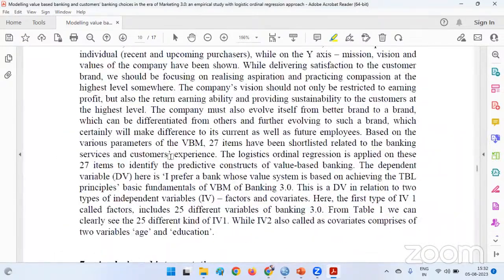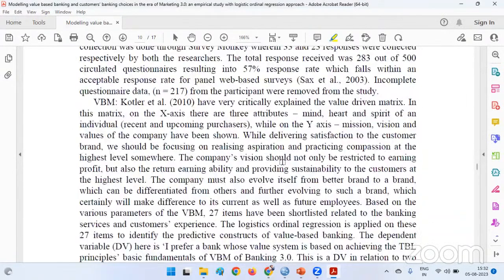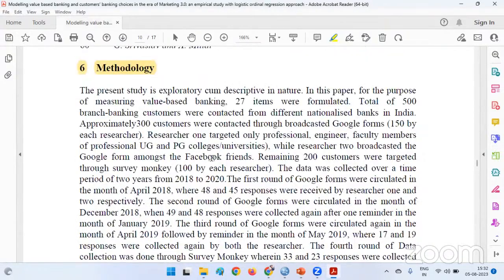I would like to show you the methodology also. You see, the methodology has been written in a full page. So you have to clarify each and everything, like a total of 500 branch banking customers were contacted from different nationalized banks in India. 300 customers were contacted through broadcast, Google Form, 150 by each researcher.